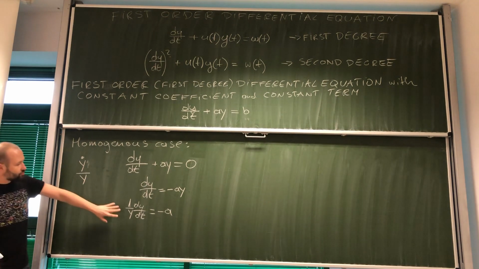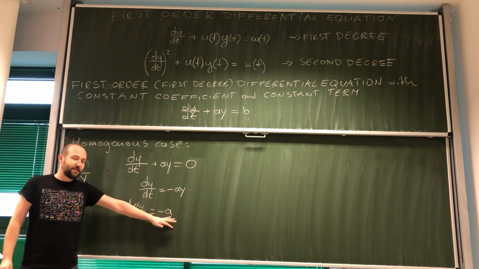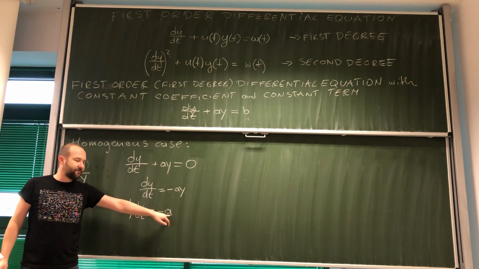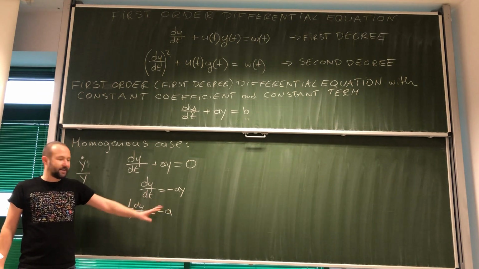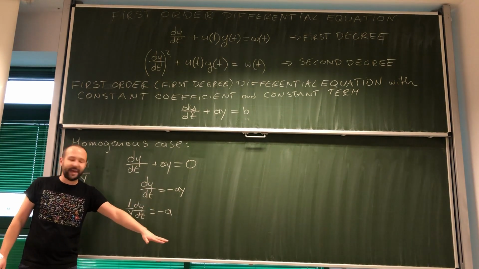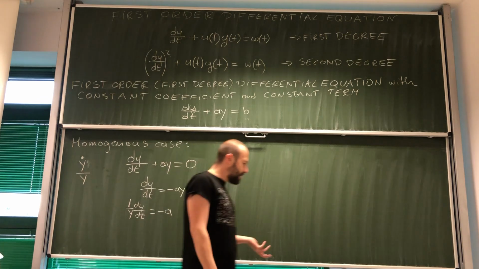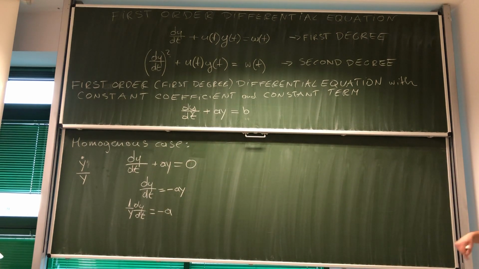So this is the growth rate of y, and look, we see that we have a constant growth rate equal to negative a. But remember, a can be both positive and negative, so it could be growth or it could be decay.